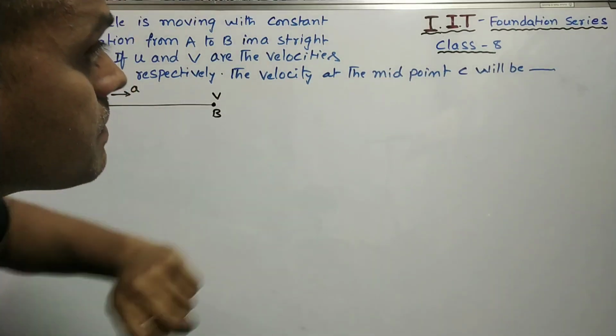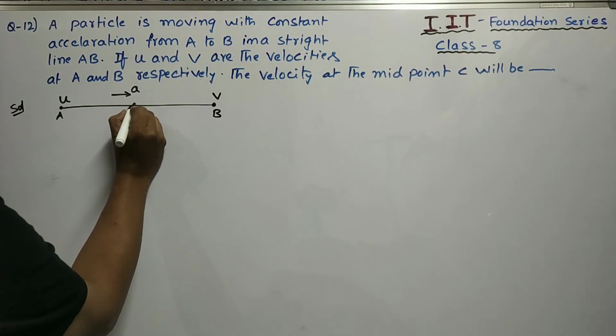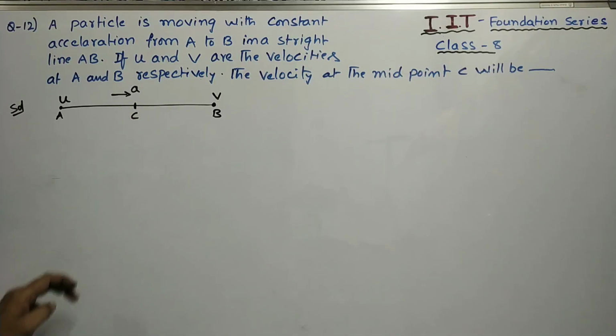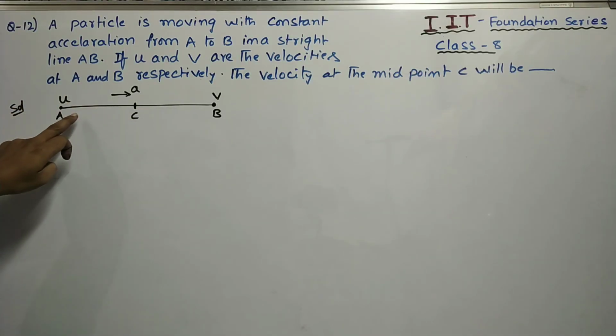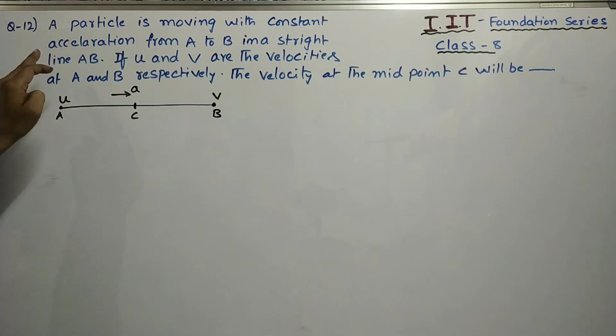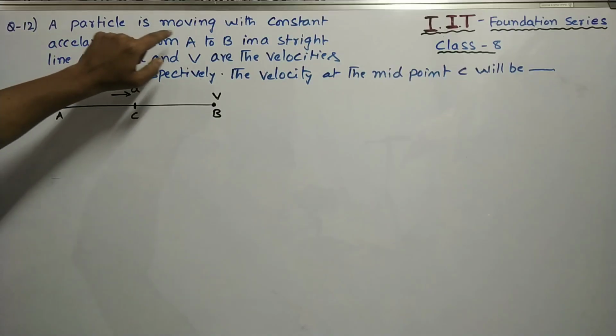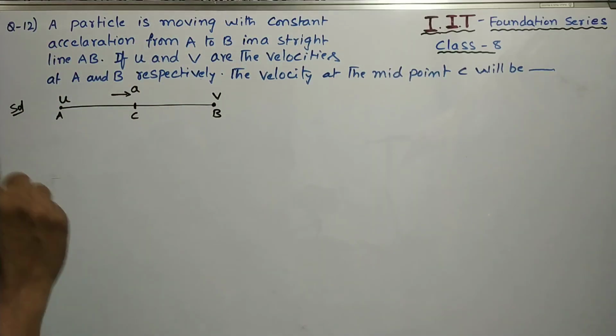The velocity at the midpoint C will be, so he is asking what velocity the body has at point C, which is at the midpoint of the path AB. But what is the hint given in the question? The body is moving with constant acceleration.